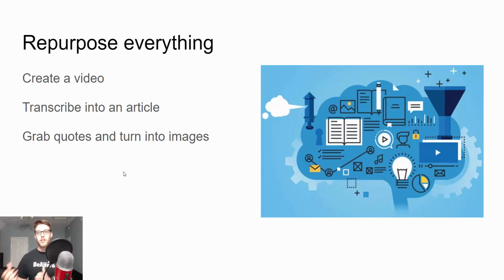We have a video, we have an article, and then grab some quotes or some key pieces of info and turn those into images that you can share on social media. So now one single piece of content has turned into multiple layers of content without having to work extra hard. All right, so I'd highly suggest you do that.